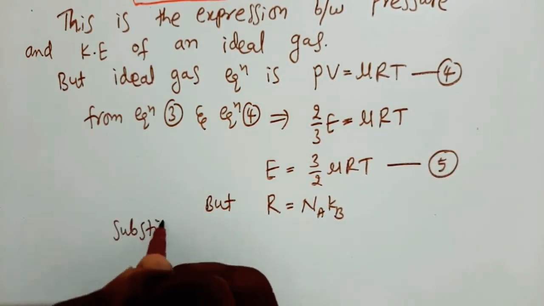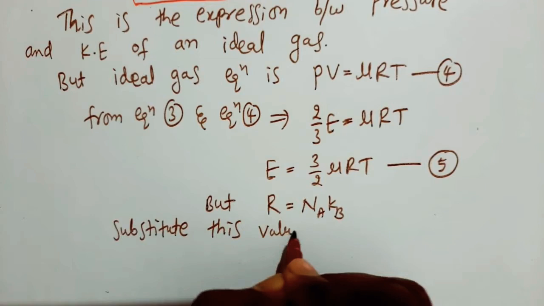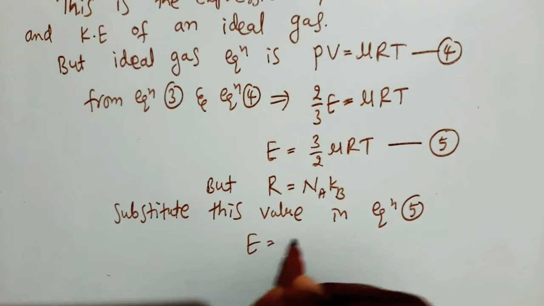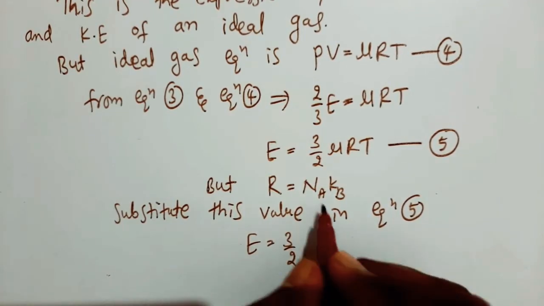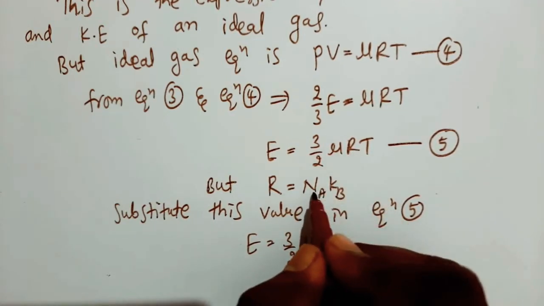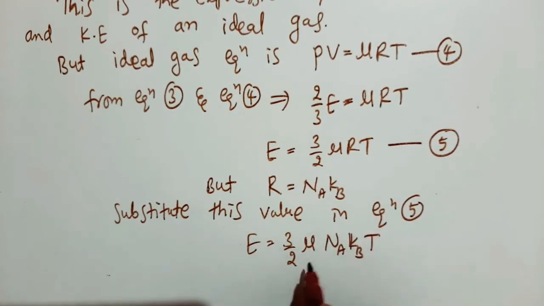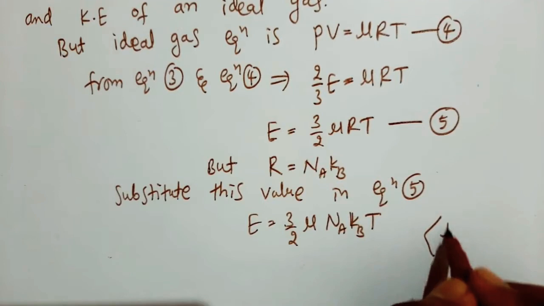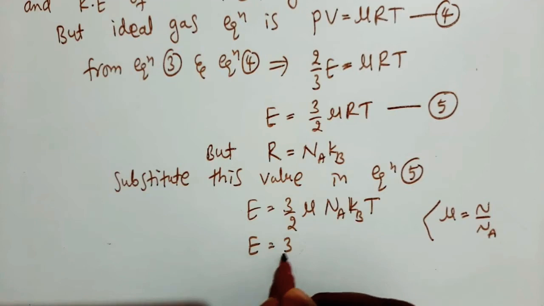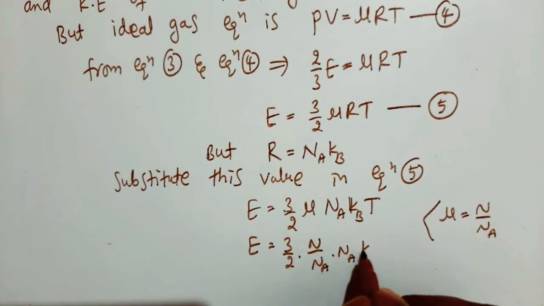Substitute this value in equation 5. So we can get E = 3/2 μ, with R = NA KB, so NA KB into T. But we know μ = N/NA. So E = 3/2 into N/NA into NA KBT.